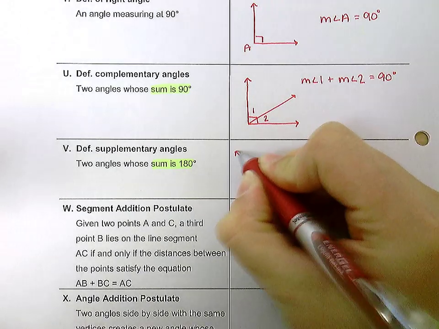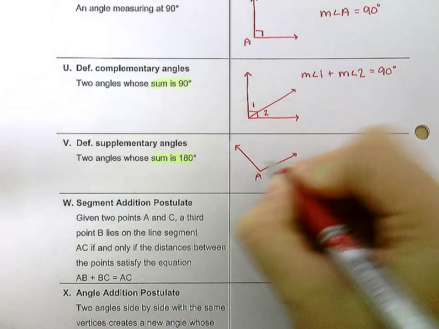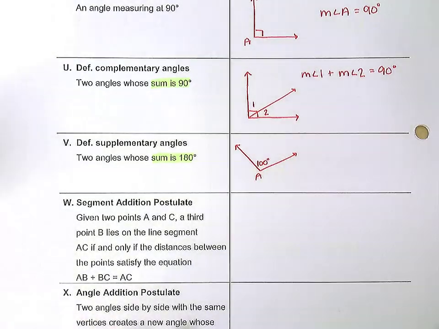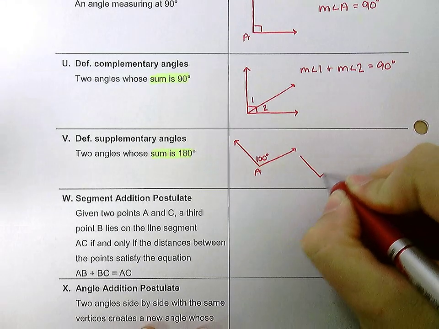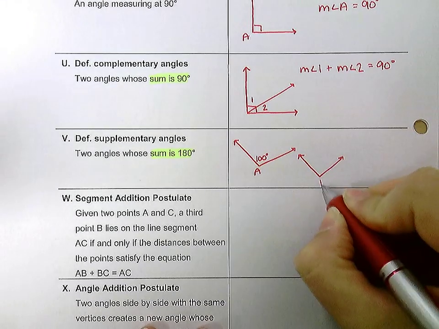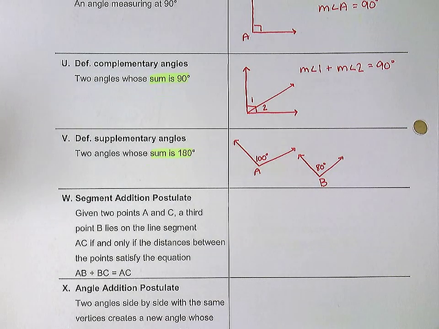Okay, so if I have an angle here, I'll call it angle A, and we'll say it's 100 degrees. And I have another angle over here, that's angle B. It's 80 degrees. I know I could add those two measures to get 180.